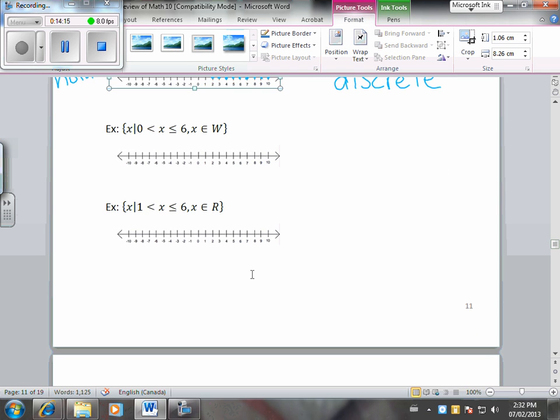Okay, here we have set notation for a domain because we're working in x. So x is such that x is greater than 0, x is less than or equal to 6, and x belongs to all whole numbers. Okay, remember that capital W means whole. So let's start here.